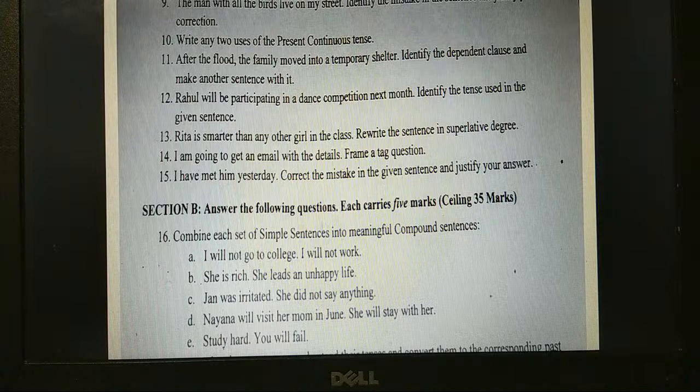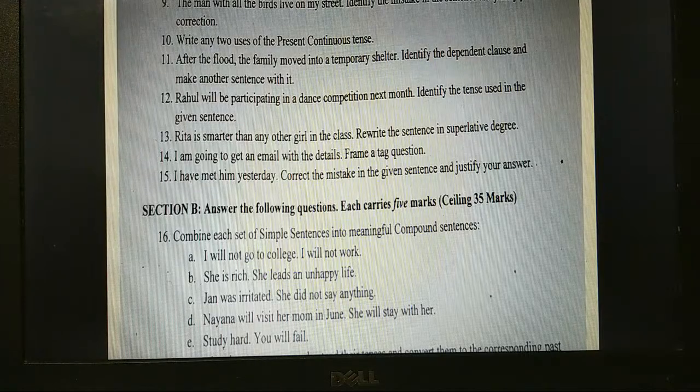So let's look at the 16th one. Combine each set of simple sentences into meaningful compound sentences. Here we have 2 simple sentences in each question. We have to combine them with coordinating conjunctions. Number 1, A: I will not go to college.